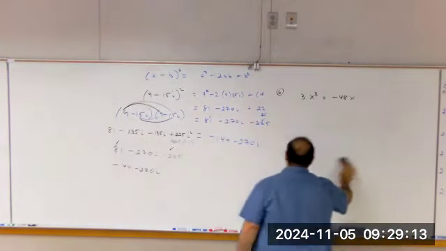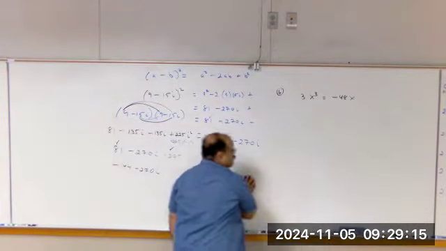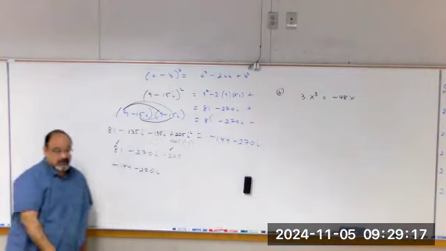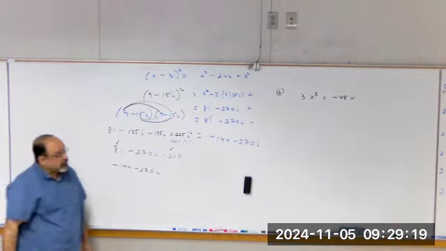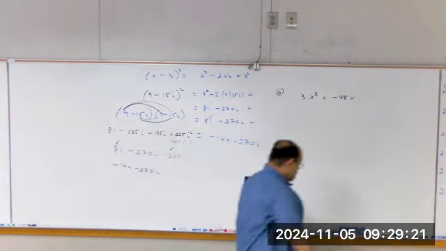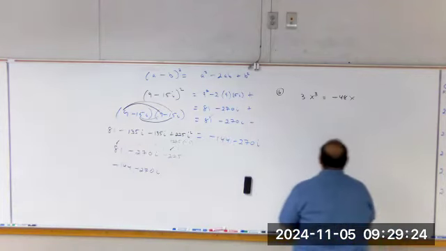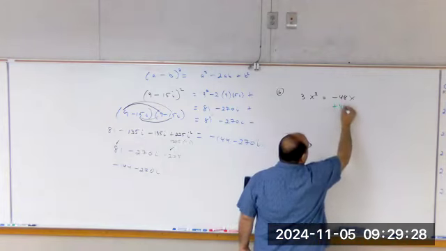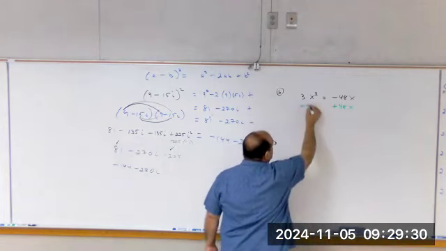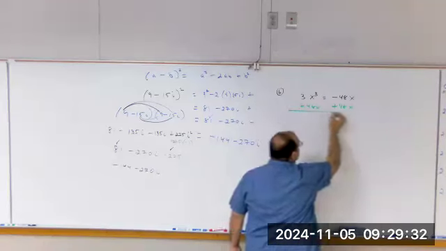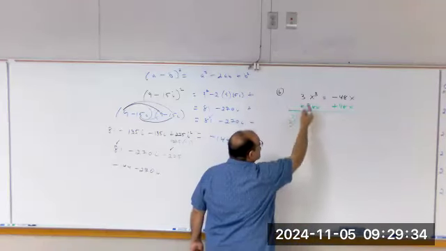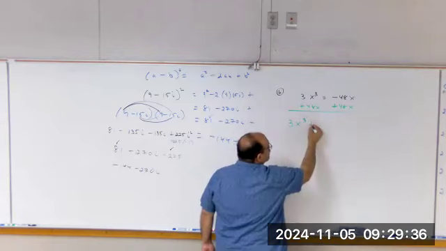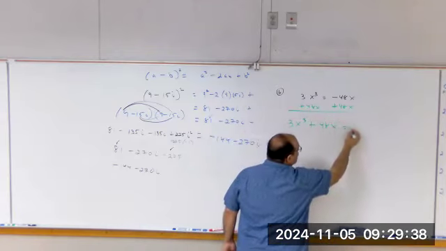The first step with factoring, it has to be equal to 0. Has to be. So I'm going to add 48x to both sides, and you bring this over to the left. So plus 48x, plus 48x. And the first clue that something's up: 3x to the third plus 48x equals 0.